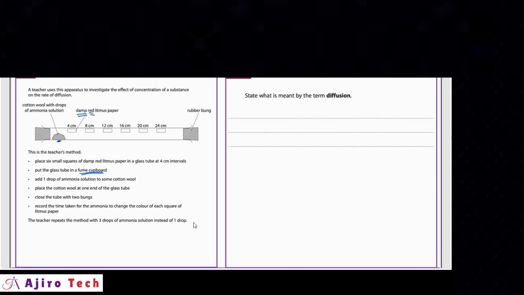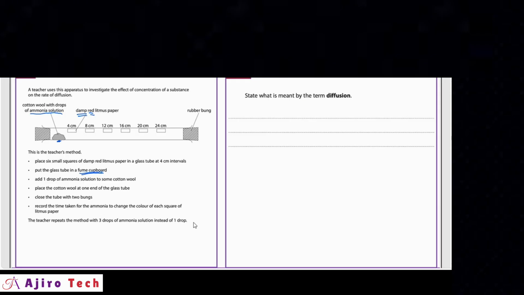So what is this chemical that this investigation is based on that warrants the use of a fume cupboard? It is ammonia solution. Ammonia solution always gives off a pungent smell, a pungent fume. Yes, because ammonia is poisonous. So that is the reason why a fume cupboard is advisable when someone is working with ammonia solution.